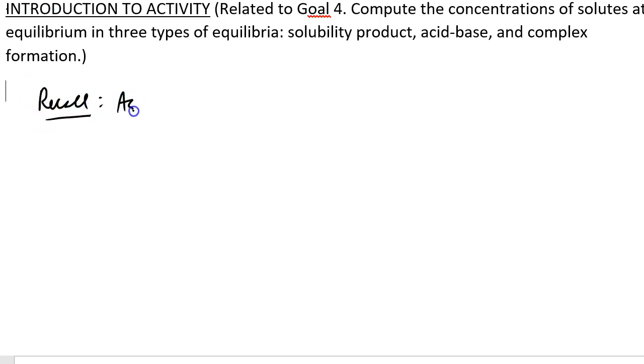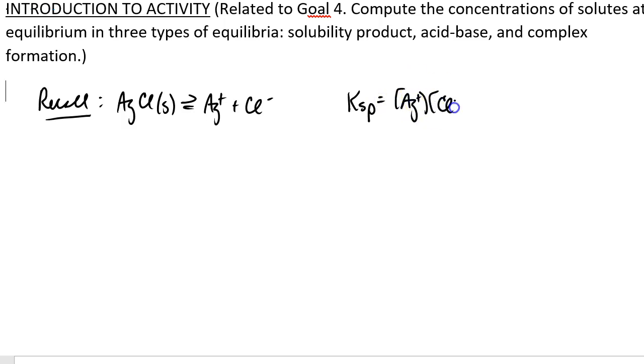that if we had the dissociation of silver chloride into silver ions and chloride ions, you were taught to write the Ksp as the concentration of silver times the concentration of chloride. But it turns out that this expression is true only under certain conditions.